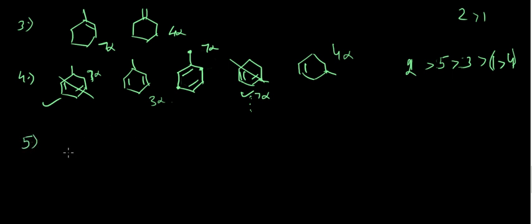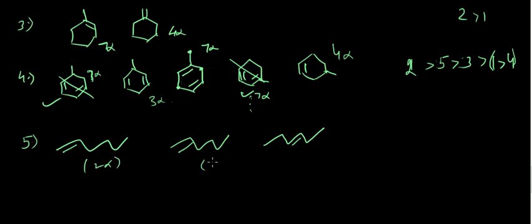Here we have, okay, so let's calculate the alpha hydrogens only, because we don't have any other resonating structure possible to calculate the heat of hydrogenation order.